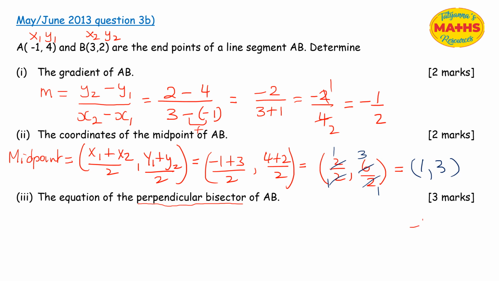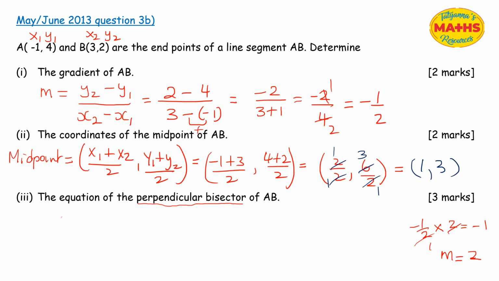So -1/2 times 2 is going to give me -1. That's something you're able to work out. So this will cancel, and I'm going to get a -1. That means the gradient for this line is +2.